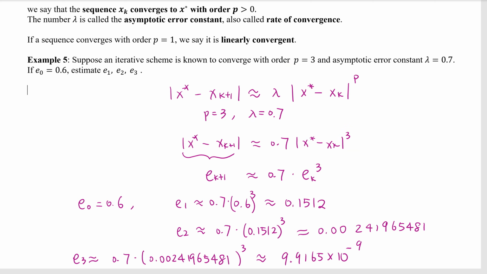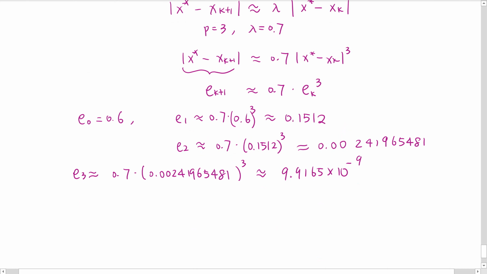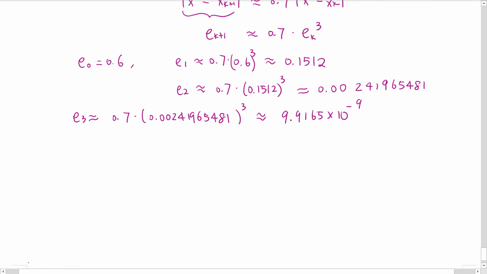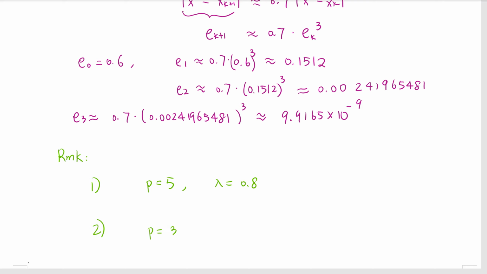Let me do a remark here. Let's say in the first one the order is 5 and lambda is 0.8, and in the second one p is 3 and lambda is 0.1.